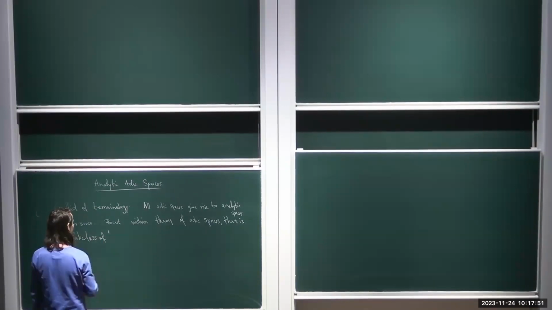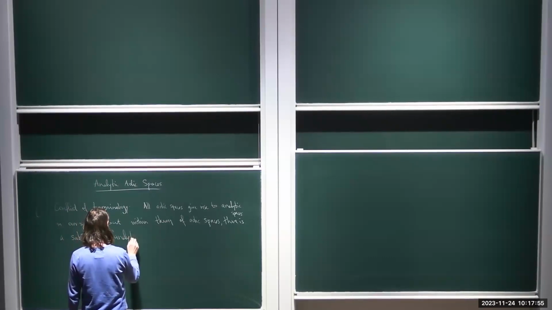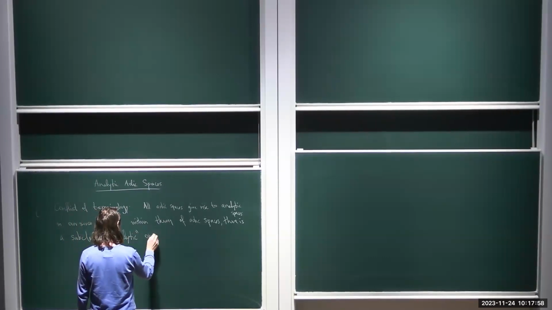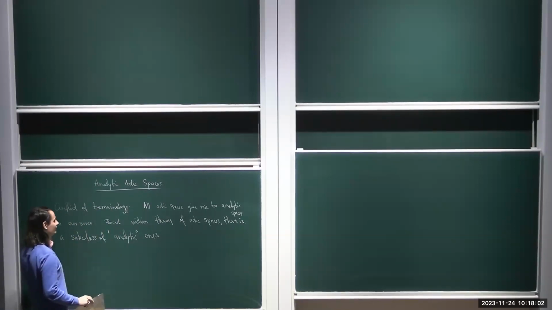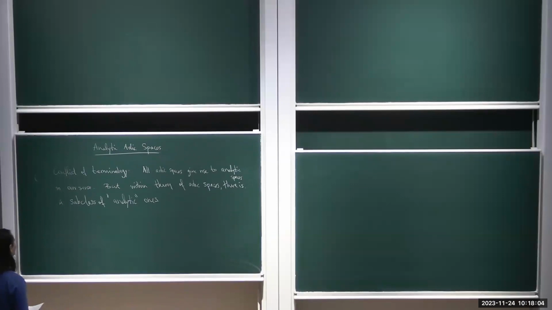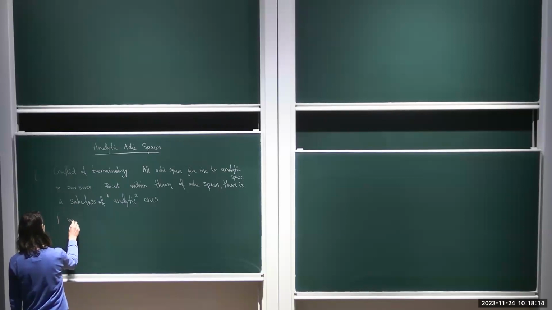Conflict of terminology. And I didn't come up with a good name for them. But there's one name that's already to some extent used in this world of adic spaces also. So I will call them Tate in this lecture.